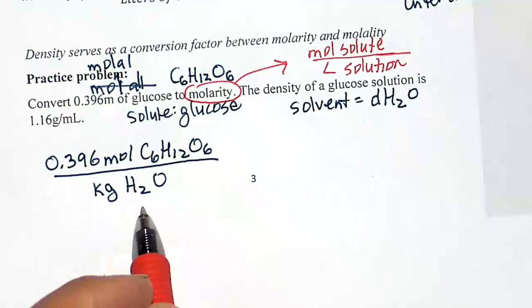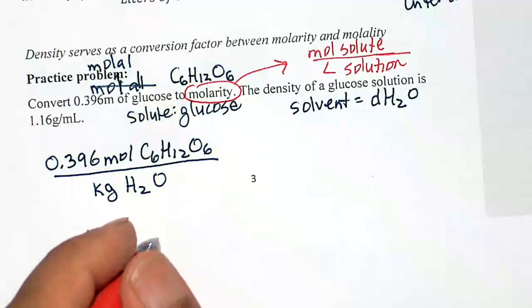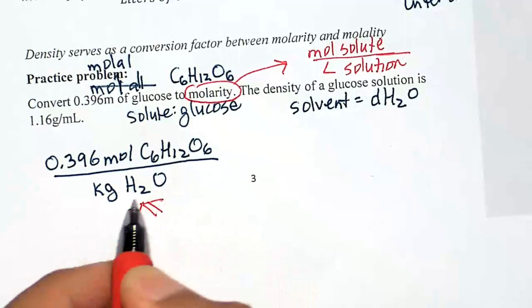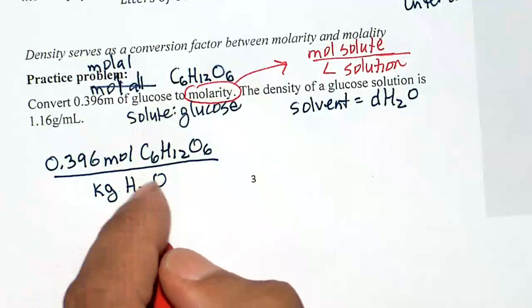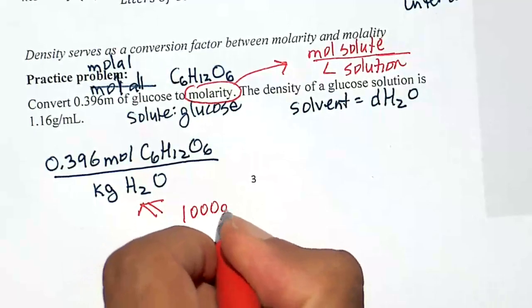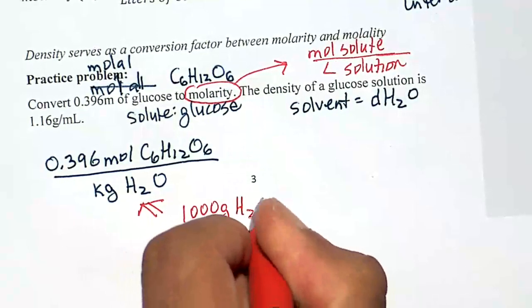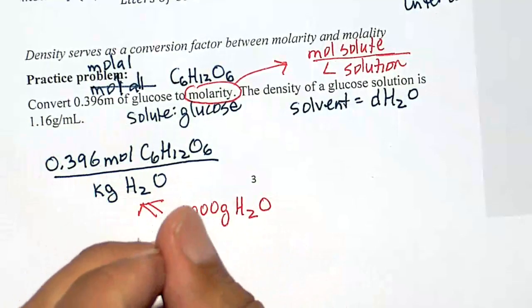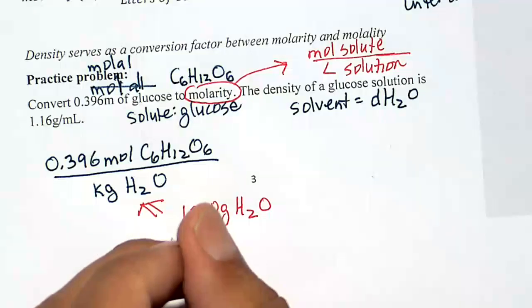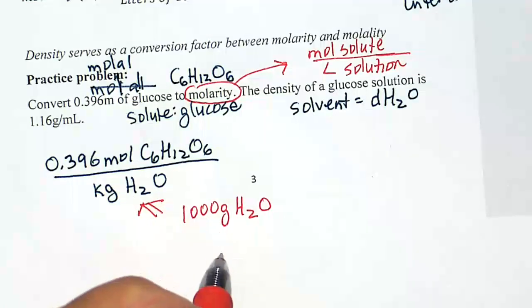All right, so this is how we'll do this problem. We have a kilogram of water, which is our solvent. Isn't 1 kilogram of water the same thing as 1,000 grams of water? Do you agree? Good. So we have 1,000 grams of solvent.